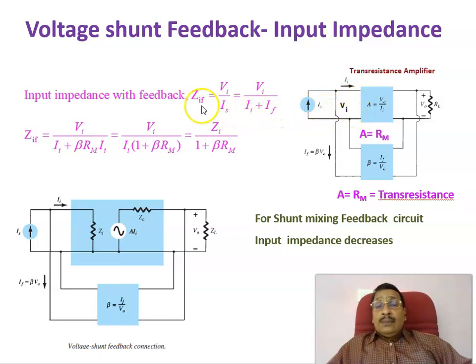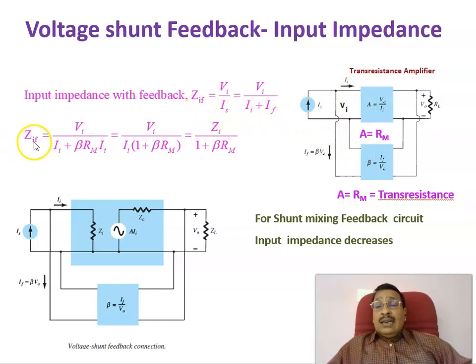Therefore, the equation for the input impedance is given by the input voltage Vi divided by the total current from the source side. What is that current? Is. Here again, Is is the total current from the source, which is equal to the current at the input Ii plus the feedback current If. Therefore, Ii plus If equals Is.